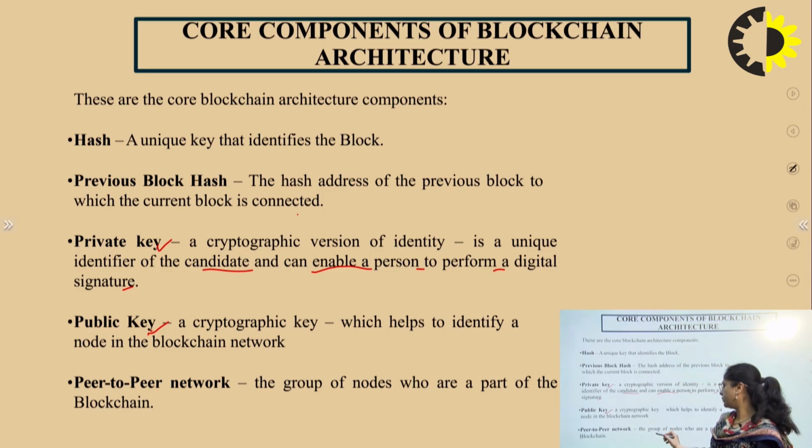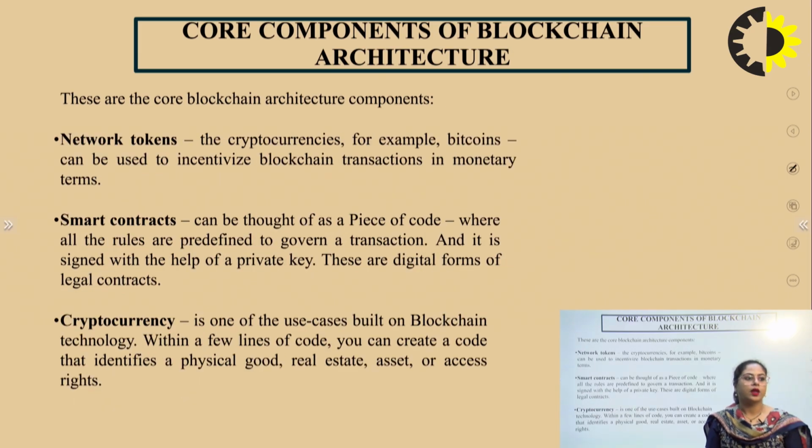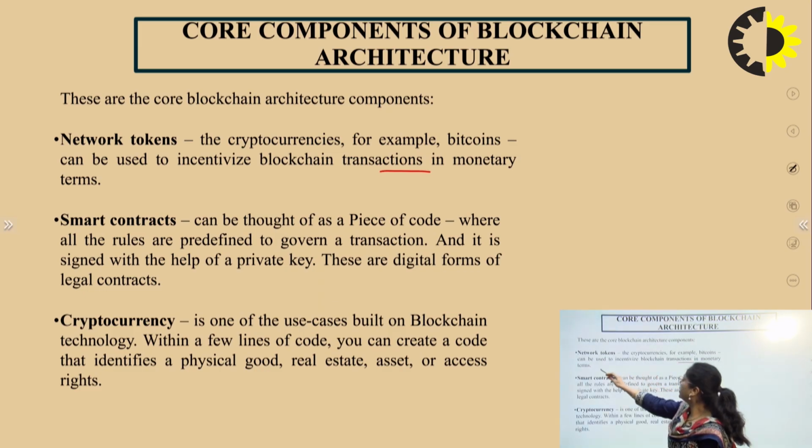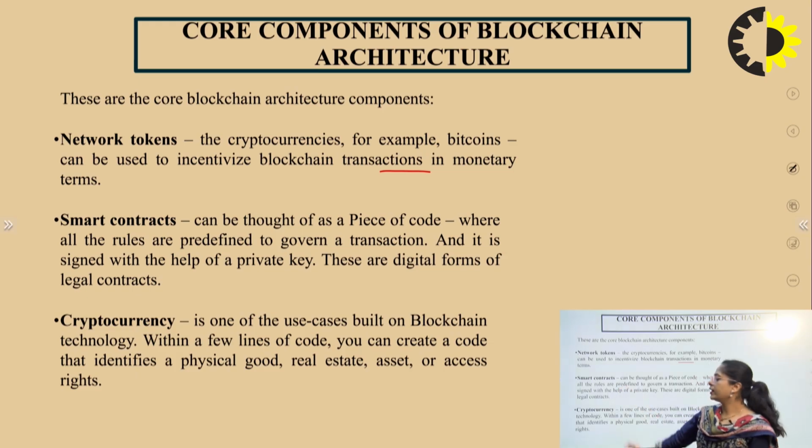Peer-to-peer network, the group of nodes who are a part of the blockchain. Network tokens, what are the network tokens? The cryptocurrencies, for example bitcoins, can be used to incentivize blockchain transactions in monetary terms. Smart contracts is nothing but a piece of code which is automatically executed when the conditions are met.